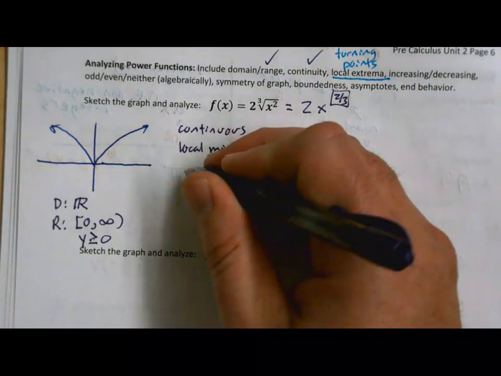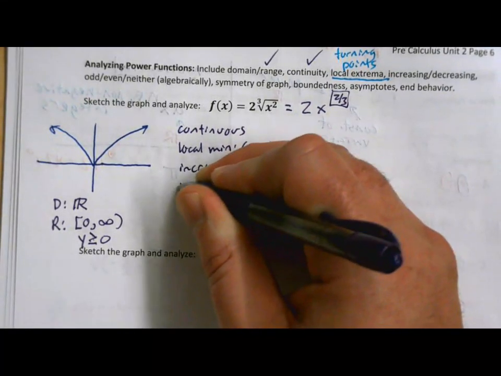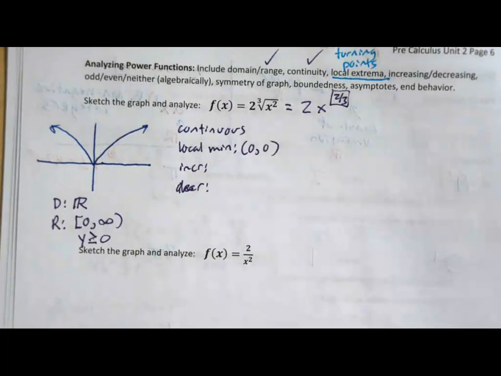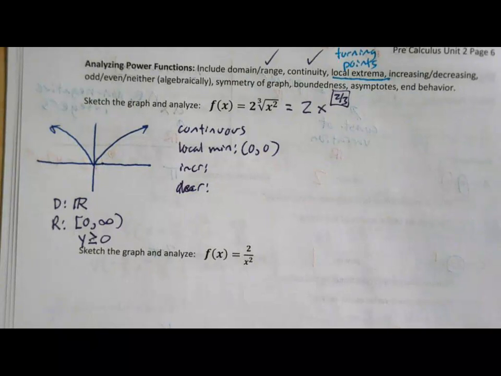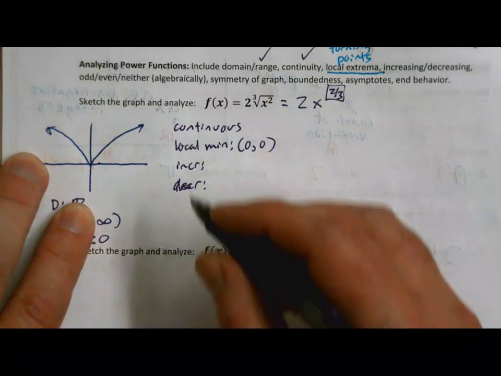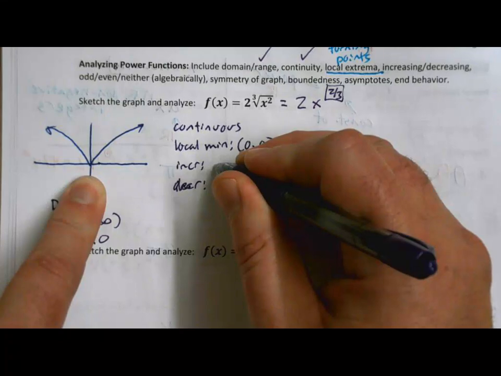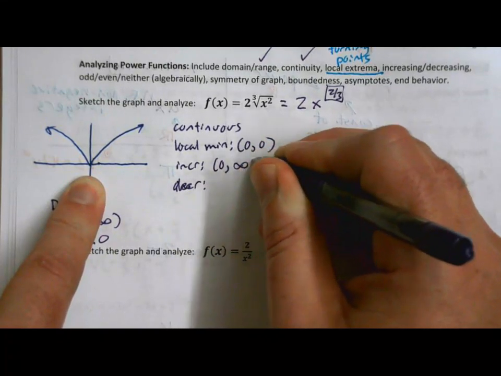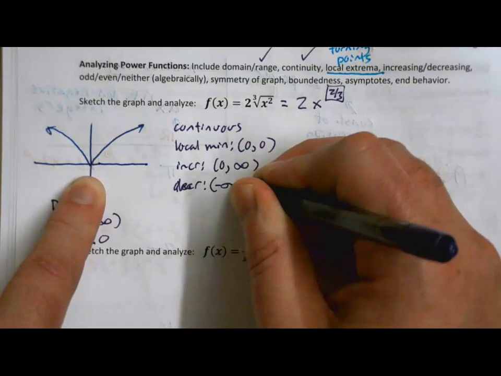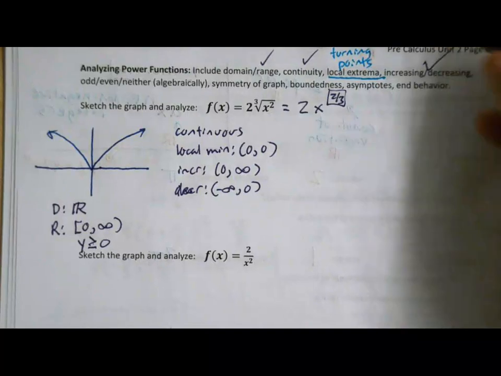So we got an increasing and a decreasing region. You're welcome to use inequalities or interval notation. I think I'm going to stick with interval notation for this. So it's increasing from 0 to infinity, and it's decreasing from negative infinity to 0. Check, check.